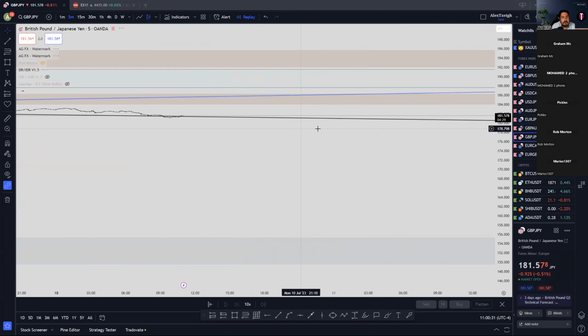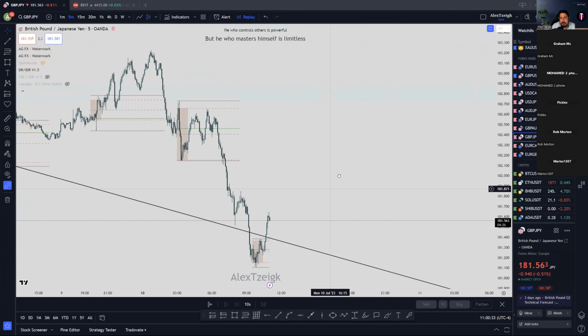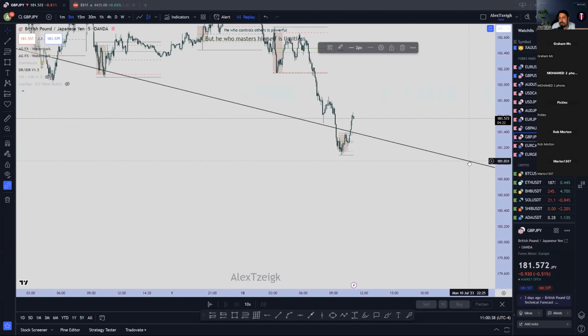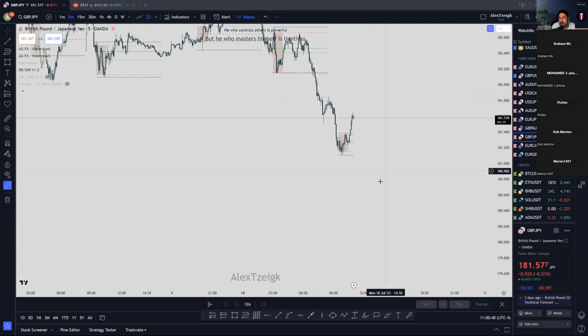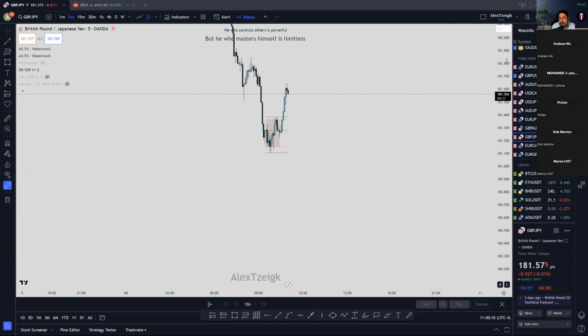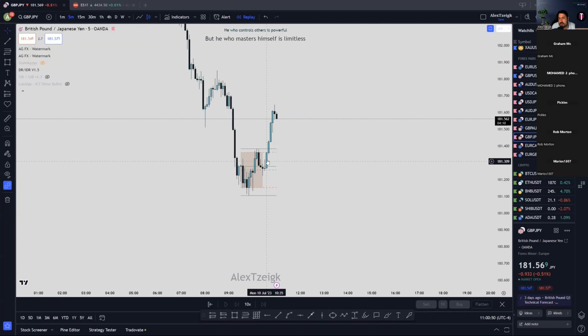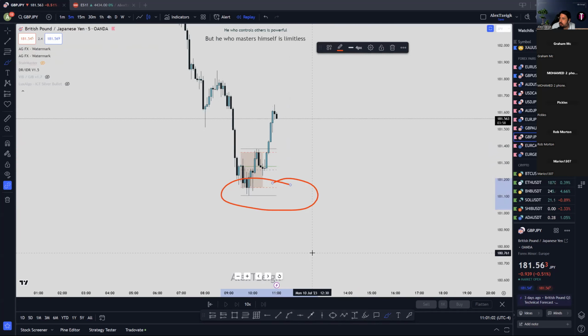Let's see. Yes, we have a confirmation at this point. What we will wait for is price to pull back. You see, we have a lot of imbalances at this point, and based on the IDR concept, this will be the low of the session by 80%.